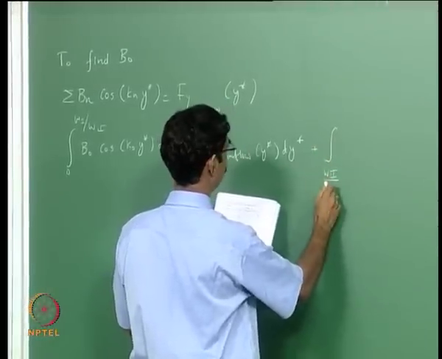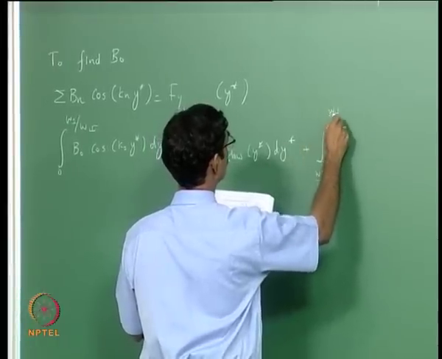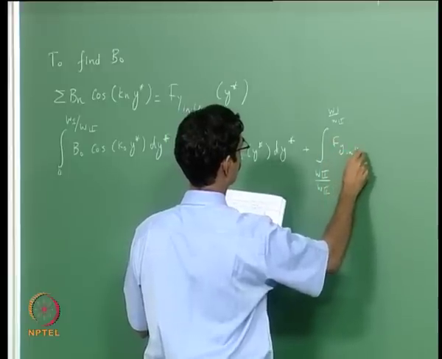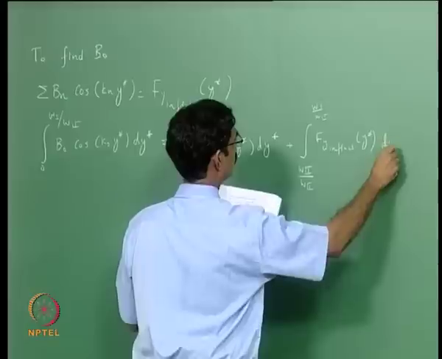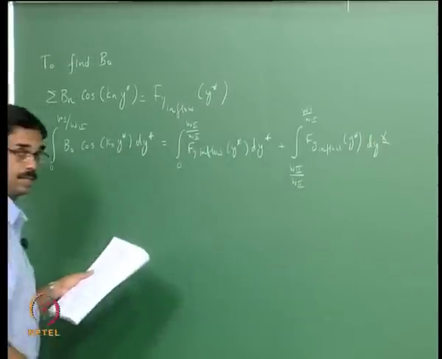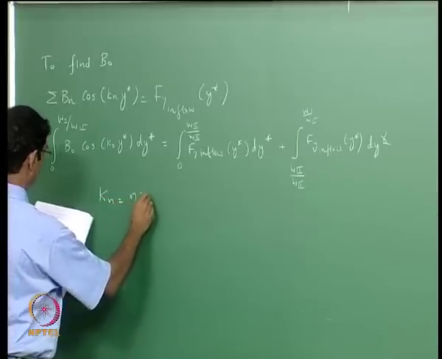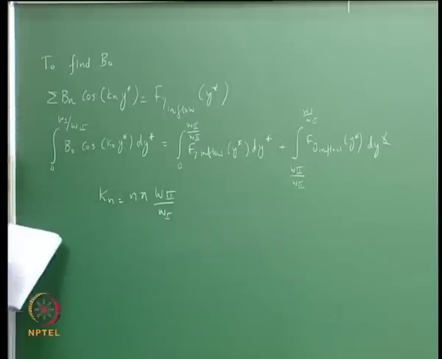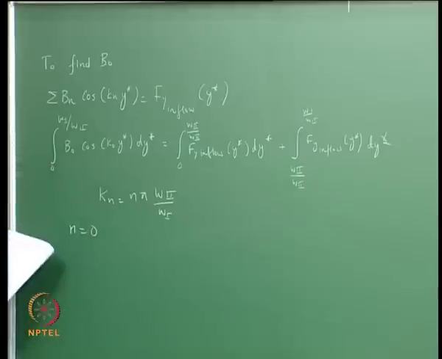W2 by W2 is nothing but 1. So we know that kn equal to n pi W2 by W1. So we use n equal to 0, that is what is of interest.